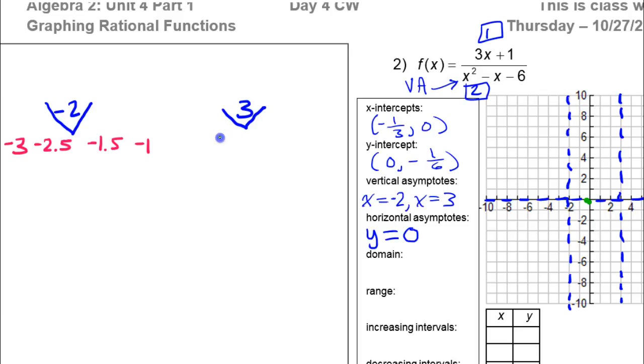Less than 3, a half a unit would be 2.5. To the right of 3 would be 3.5. All right, but I need 2 more values. So if I went to the left further, it would just be 2. If I went to the right further, it would be 4. So this gives me 8 values that I can use.